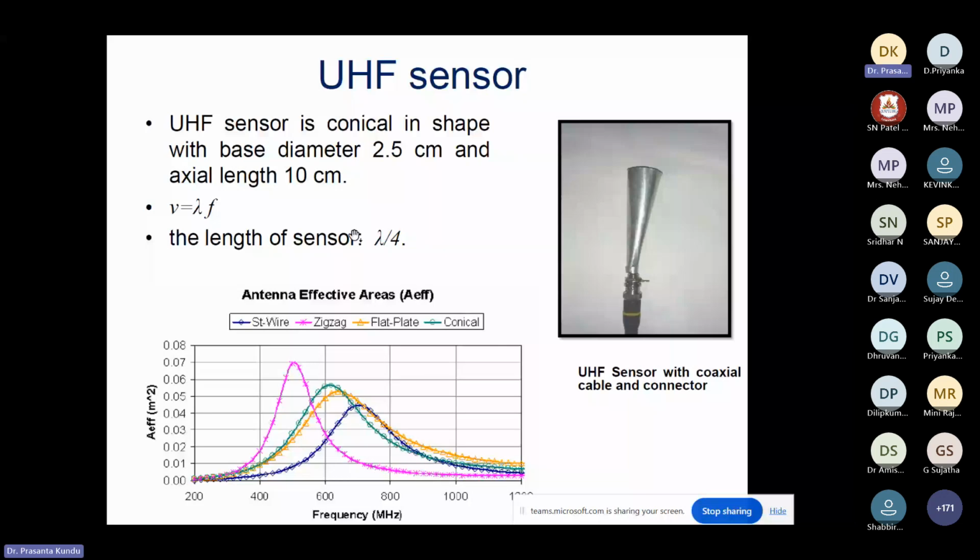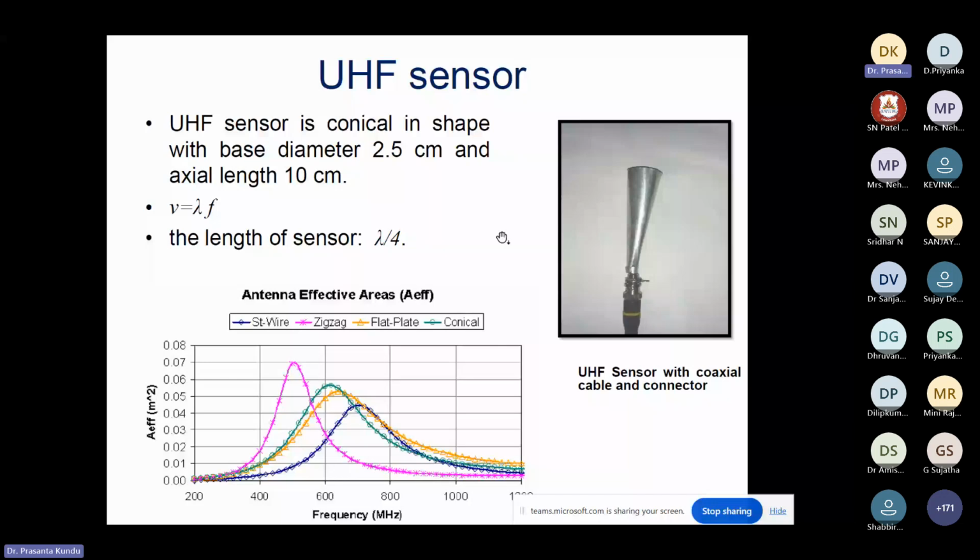This velocity will be almost the same as the speed of light because it is an electromagnetic wave. The frequency is in the order of megahertz, and hence the wavelength you can find out. One quarter of the wavelength will be the length of the sensor to design it. We also do this in-house, to design and manufacture the sensor for our particular measurement.